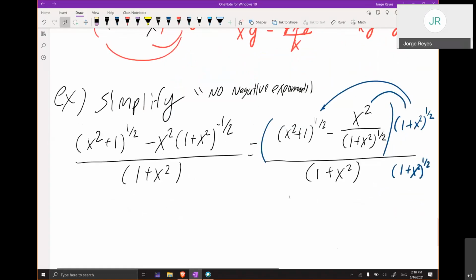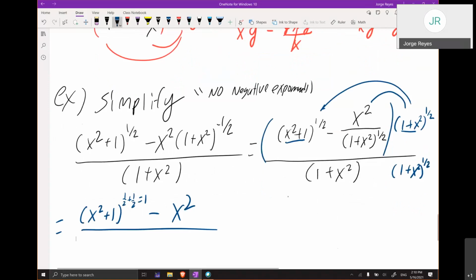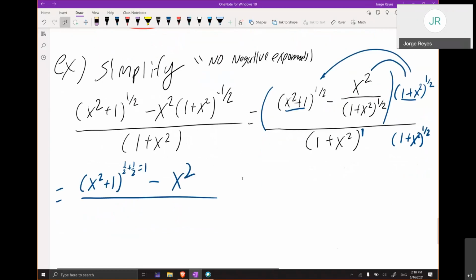Notice that these are the same, so you add the powers. So 1/2 plus 1/2 equals 1. Here would just cancel, so you just get x squared. And here, this is a 1 power, so 1 plus 1/2 gets you 3/2.